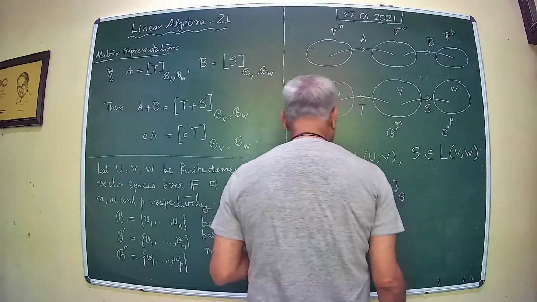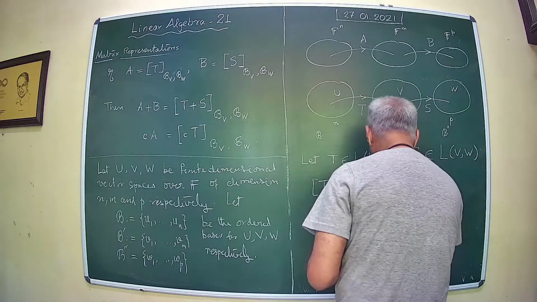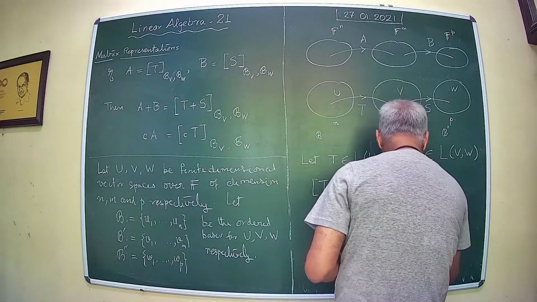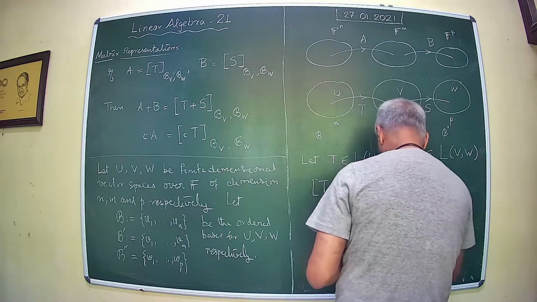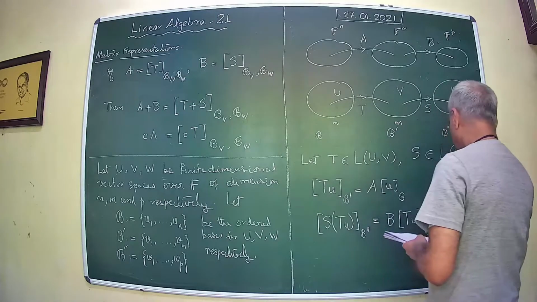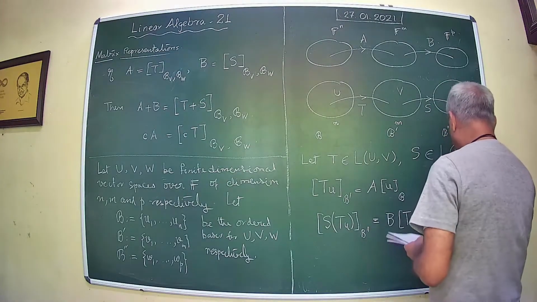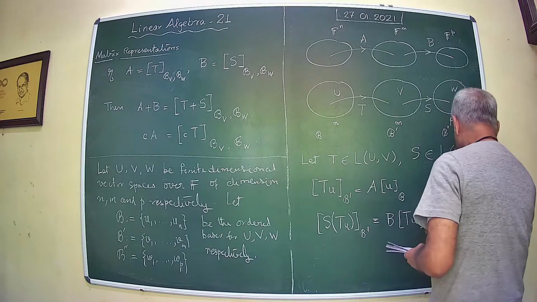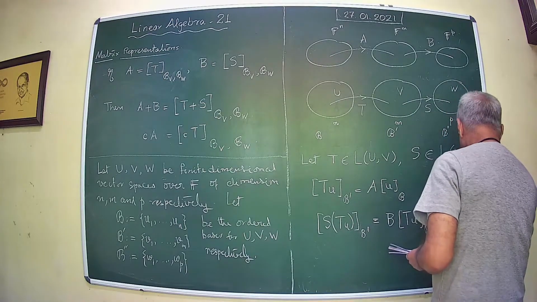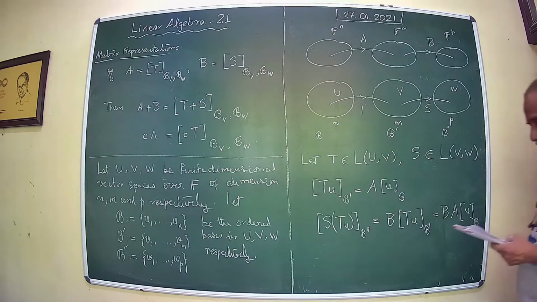This is equal to B of B prime, which is equal to B A of U, B.